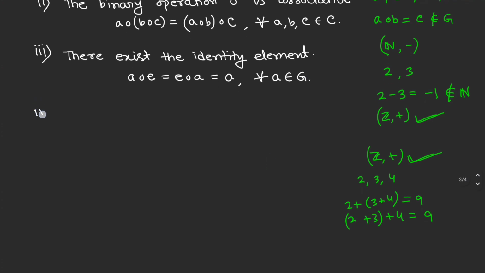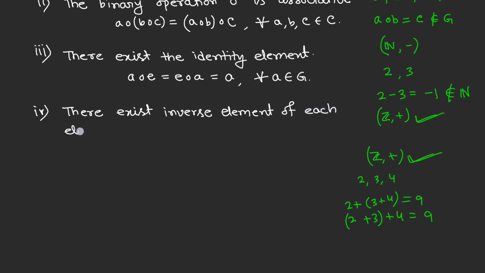And the last one, number 4: there must exist an inverse element of each element in G. And what is an inverse element?